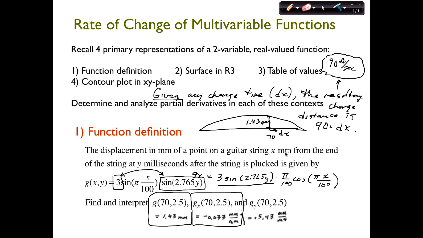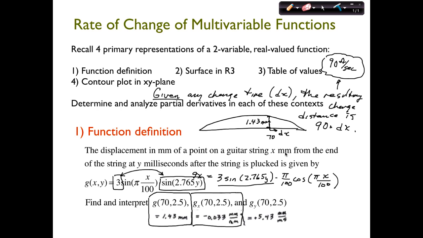So all together, here we go. At 2.5 milliseconds and 70 millimeters down the string, given any small change in distance down the string, the resulting change in displacement will be negative 0.033 times the little change in distance that you picked.